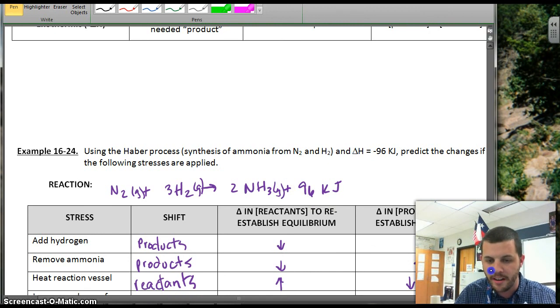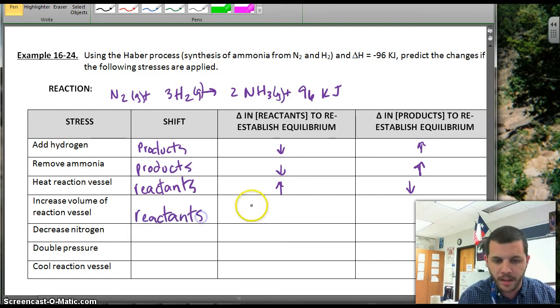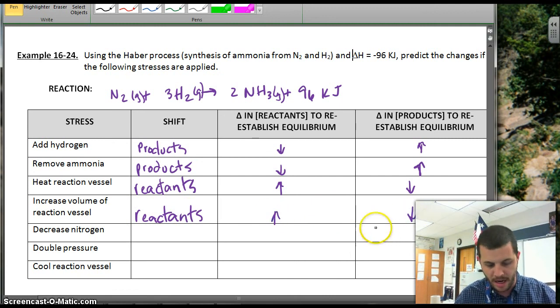So I'm going to shift to the side with the most moles, which is my reactants side. Therefore, I'm going to increase my reactants and decrease my products.